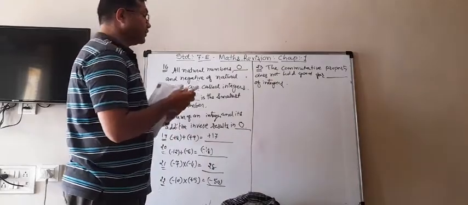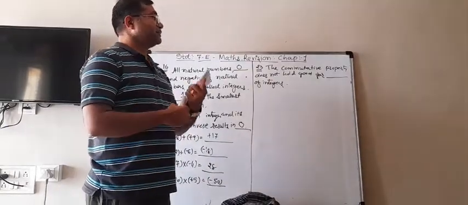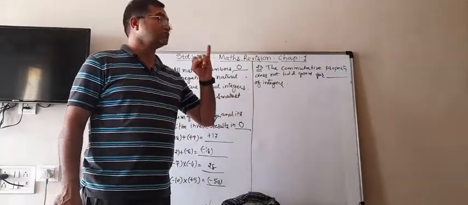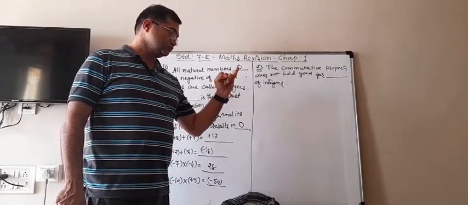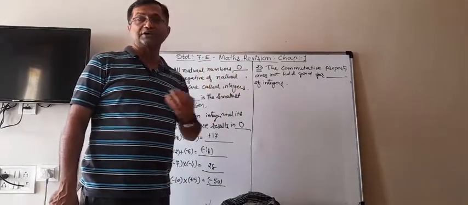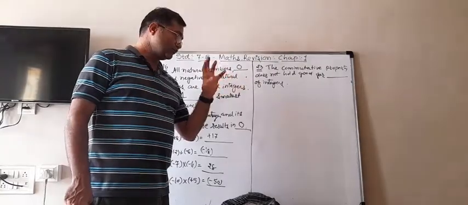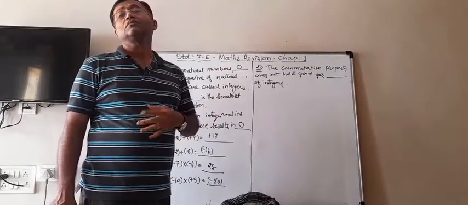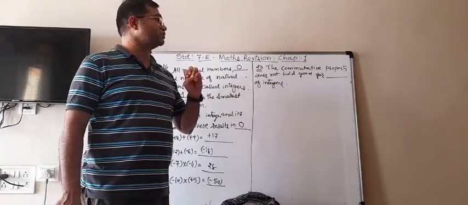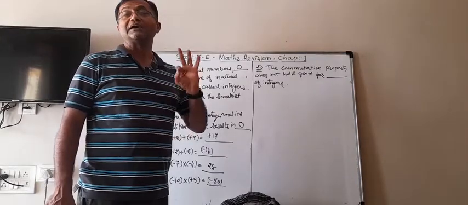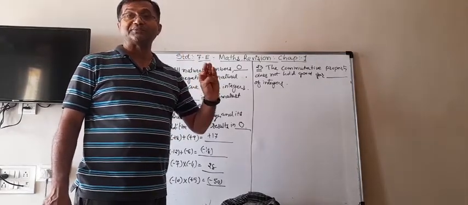We already know about these properties. The commutativity holds for addition and for multiplication, but it does not hold good for division and subtraction.